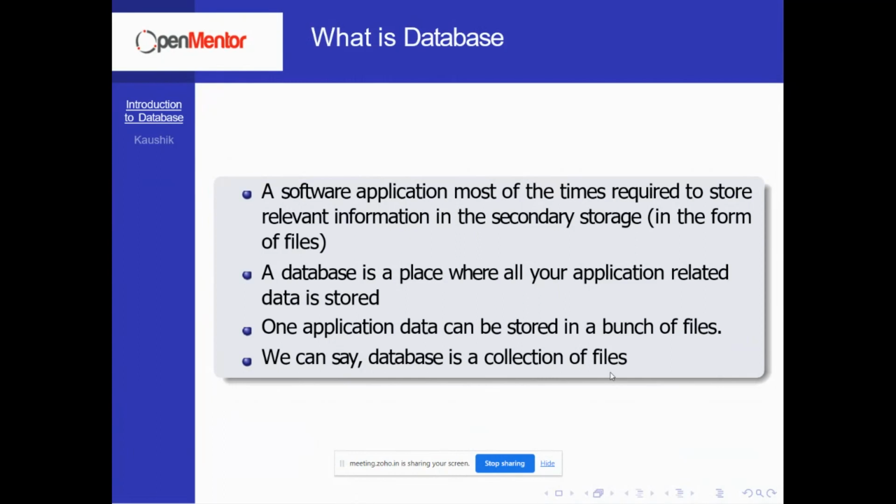But when you use a software system like a database, for example, in our case, PostgreSQL, okay, software applications most of the time are required to store relevant information in secondary storage. Internally, it will be stored in the form of a file. But to the outside world, it will be managed by the database management system.